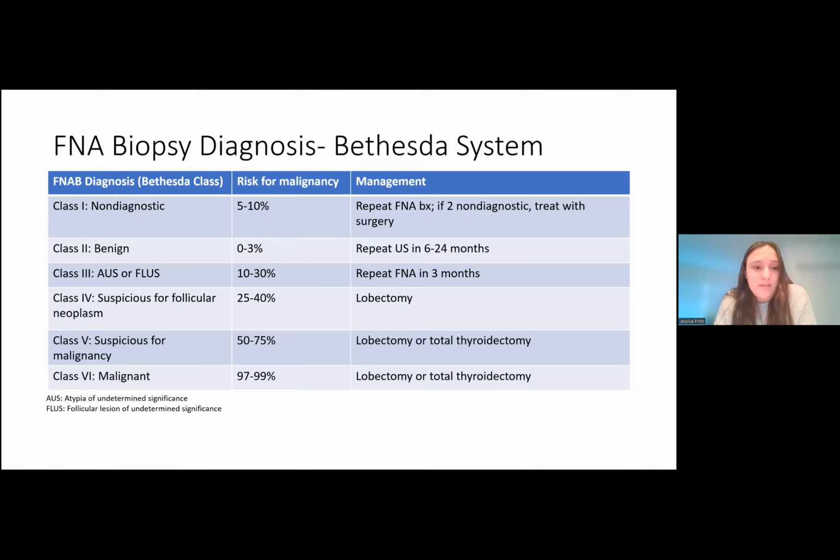So the system that's used with FNA biopsies is something called the Bethesda system, and it breaks it up into 6 classes based on the findings on the FNA cytology. A great way to think about this is to cut it in half. Classes 1, 2, 3 do not require any surgical approach, at least initially. They require either repeat ultrasounds or a repeat FNA, whereas classes 4 through 6, now you have to think about either a lobectomy or total thyroidectomy.